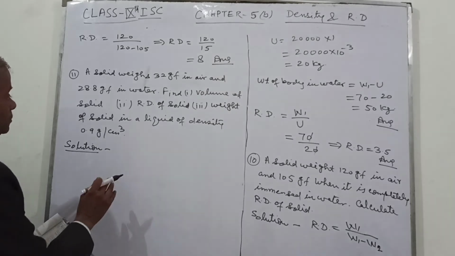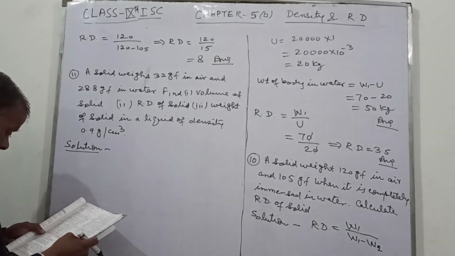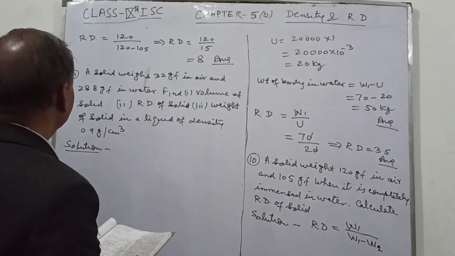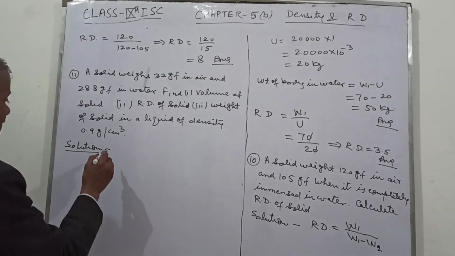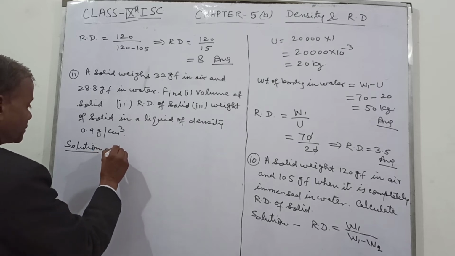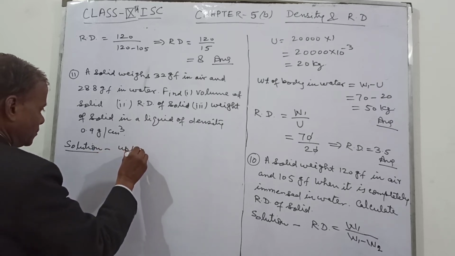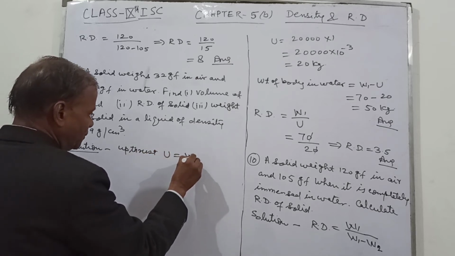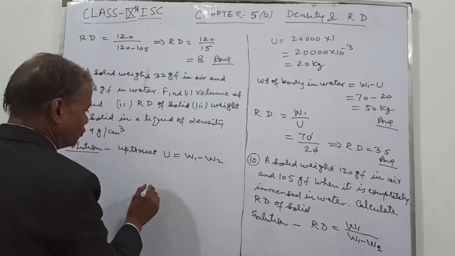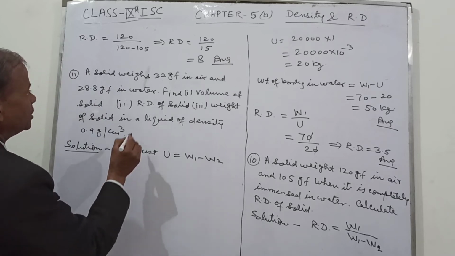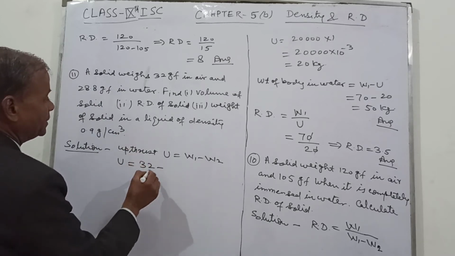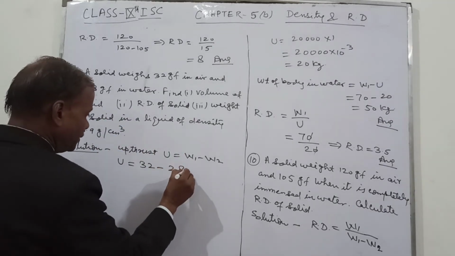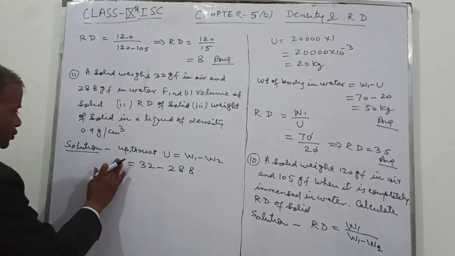So let us find first, it is asking the volume of the solid. So upthrust U equal to W1 minus W2. So W1 is equal to 32 and W2 is equal to 28.8, and this U will be how much?